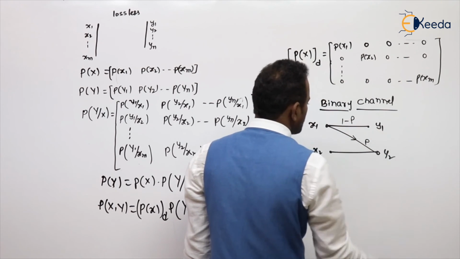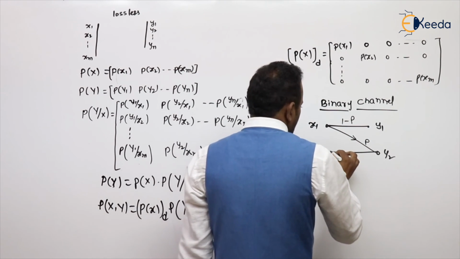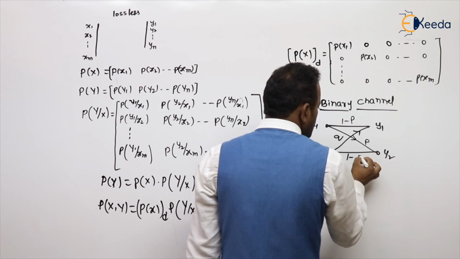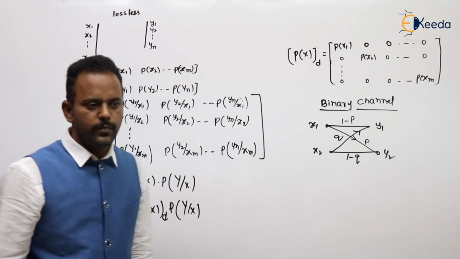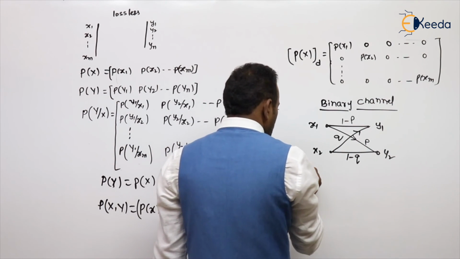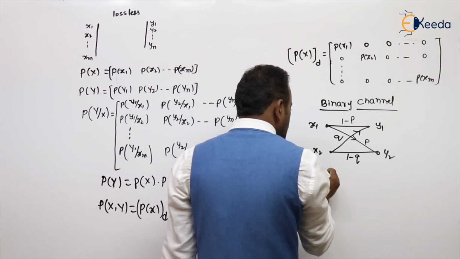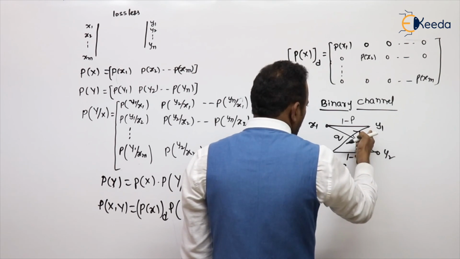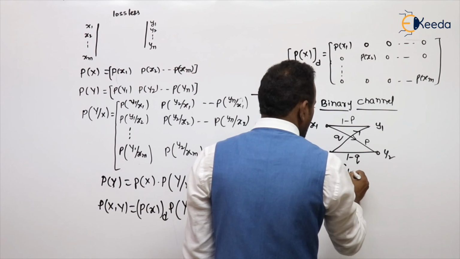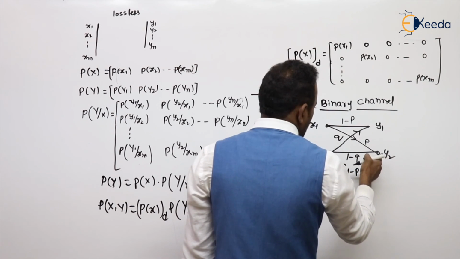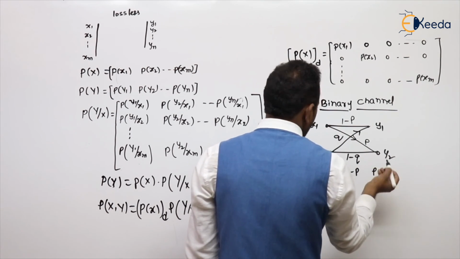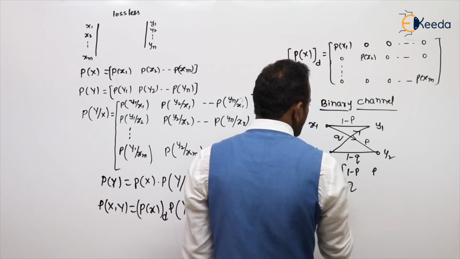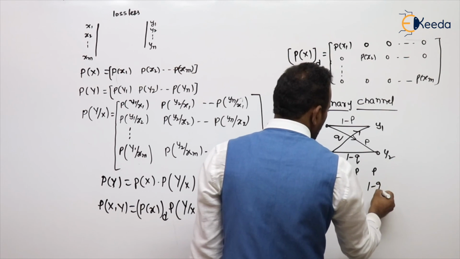Obviously the total is 1, so the other is 1 minus p. Like x2 received as y1 is some q. Obviously, the other is 1 minus q. Then how to write the conditional probability matrix? That is nothing but y1 by x1, that is 1 minus p. Next, y2 by x1, that is p. y1 by x2, that is q. y2 by x2, that is 1 minus q.